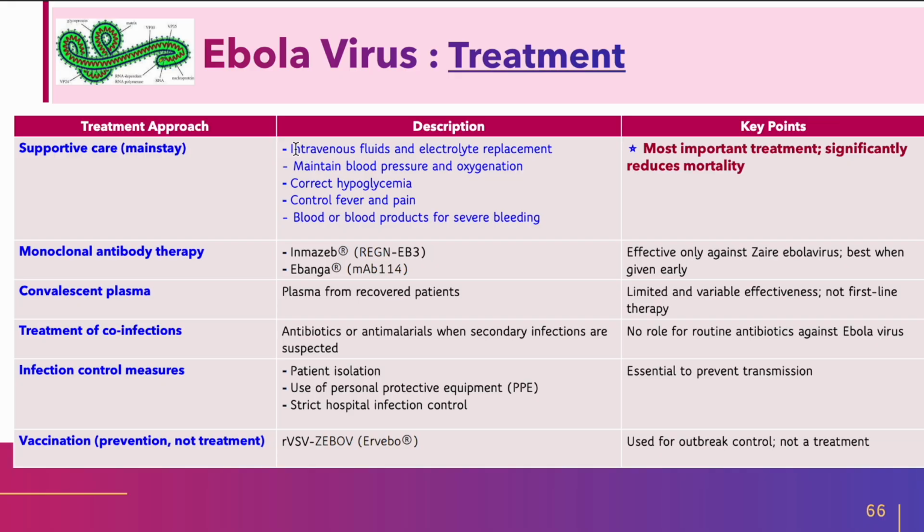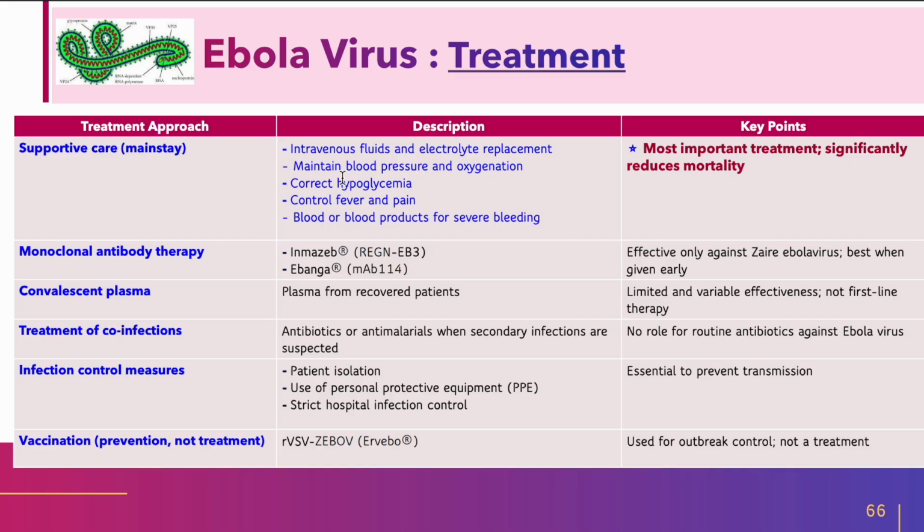We use intravenous fluid and electrolyte replacement, maintain the blood pressure, oxygen and oxygen concentration, treat hypoglycemia, and for fever or pain use analgesic drugs. Blood products for severe bleeding, so give the blood. This is the most important treatment to reduce the mortality, the death rate.